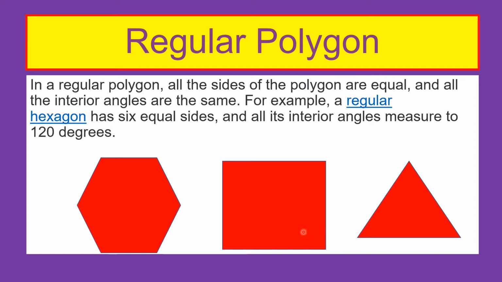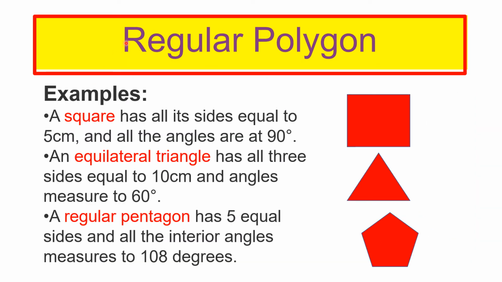What do you mean by equiangular? Equiangular means all the angles have the same measure, while equilateral means all the sides have the same measure. So a square is a regular polygon. All the sides are the same and all the angles are also the same, which is equal to 90 degrees.